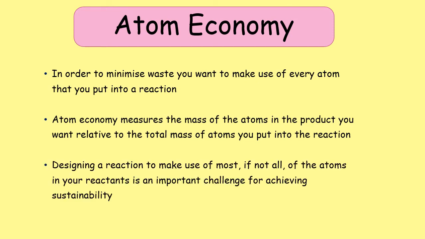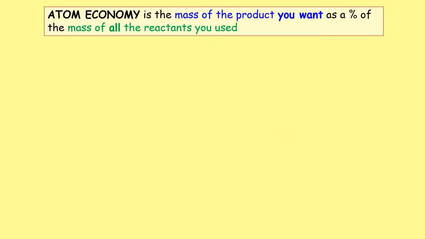Now, one of the biggest challenges is to try and design a reaction that makes use of most, if not all, of the atoms from your reactants. Because if we can achieve that, we are able to end up with sustainability. So atom economy is the mass of product you want as a percentage of the mass of all of the reactants that you've used.